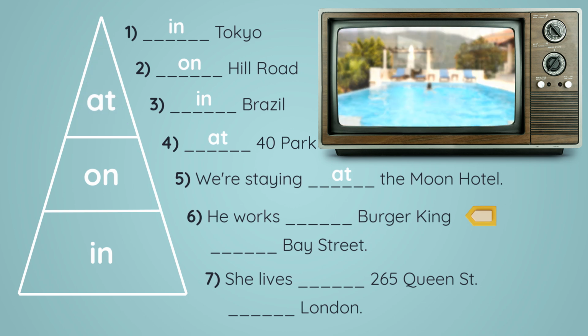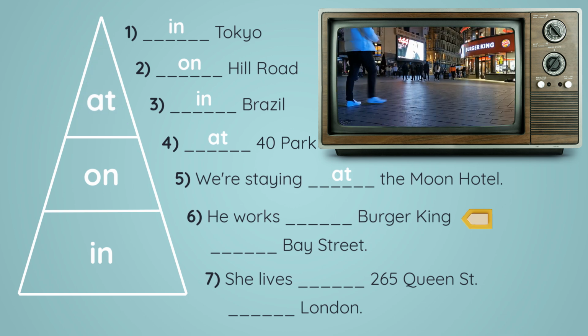Good. Next. He works, blank, Burger King, blank, Bay Street. It happens very often that in the same sentence we have more than one preposition. But the same rules apply. You can still use this triangle method to help you figure out the answer. Let's take it step by step.